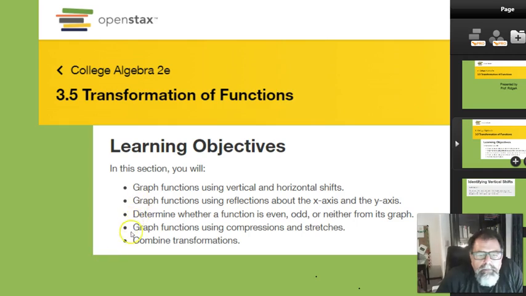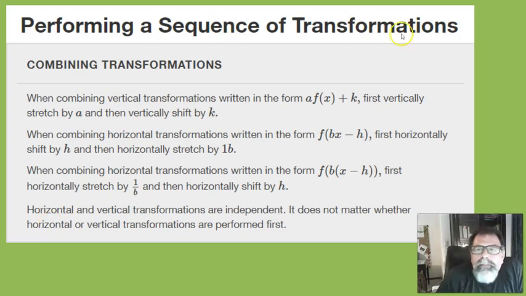And our last learning objective for today is combine transformations. Performing a sequence of transformations, meaning we're going to combine transformations. When combining vertical transformations written in the form of a f of x plus k, first vertically stretch by a, then vertically shift by k.